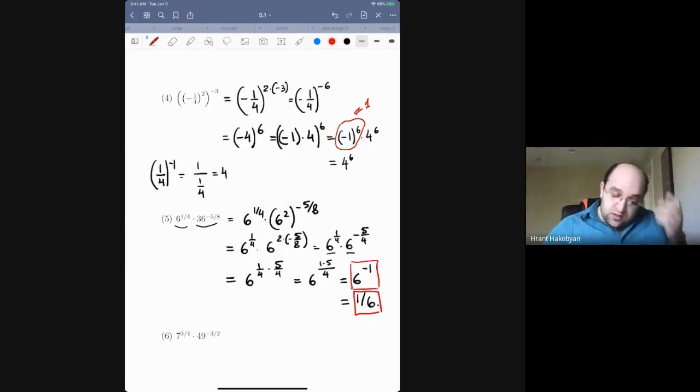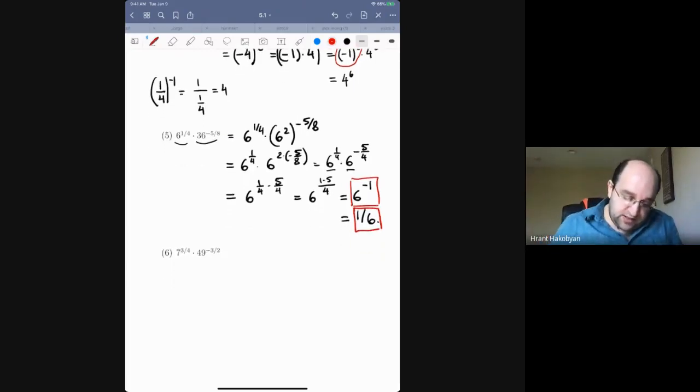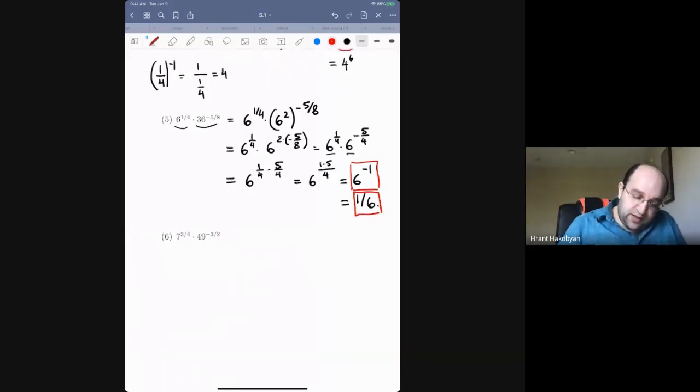Okay. So similarly for this example here, I have 7 to some power times 49 to another power. We want to simplify this. Again, to do that, we're going to just recall that 49 is 7 squared.